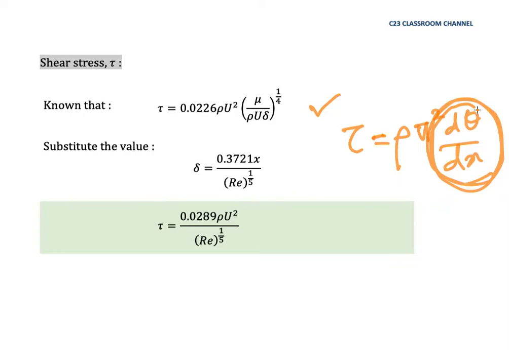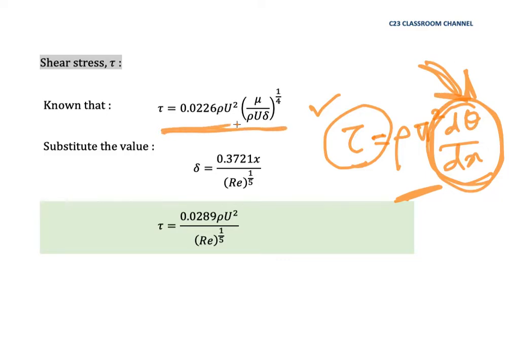You could use the von Karman idea to get the value of theta, but you need to do the integration to make sure the differential form disappears. So I advise you to use the shear stress from the Blasius solution here. So we substitute the value of delta here, and then finally we could get tau is equal to 0.0289 rho u square over Reynolds number to the power of 1 over 5.